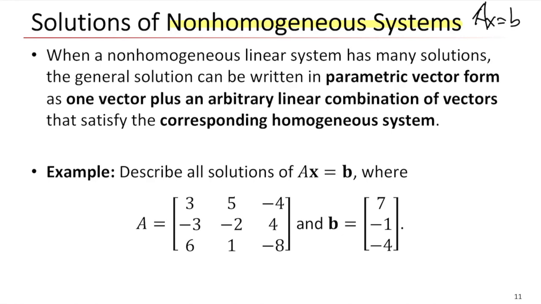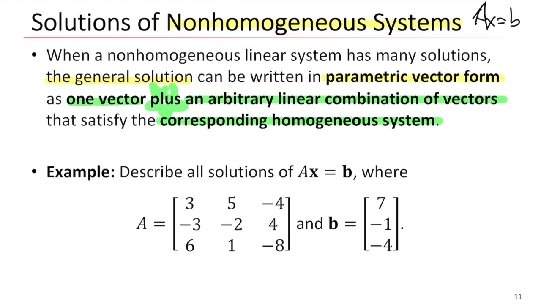So what is the solution of the non-homogeneous system? Here is some description. The general solution of a non-homogeneous linear system can be written in parametric vector form as one vector plus an arbitrary linear combination of vectors that satisfy the corresponding homogeneous system.